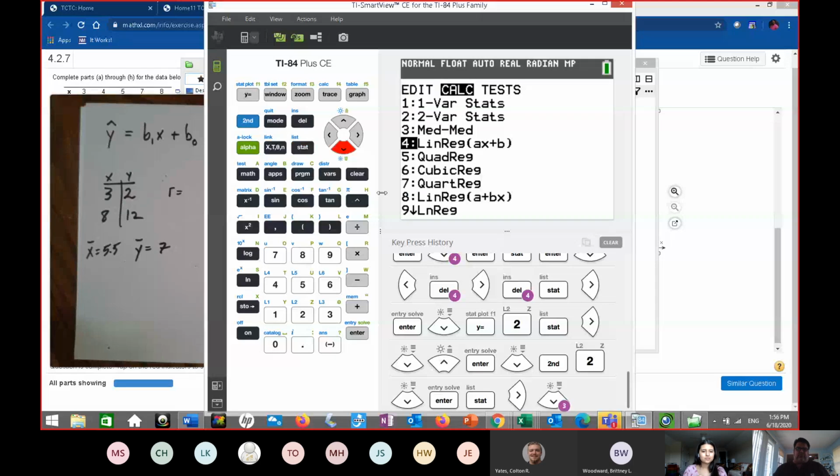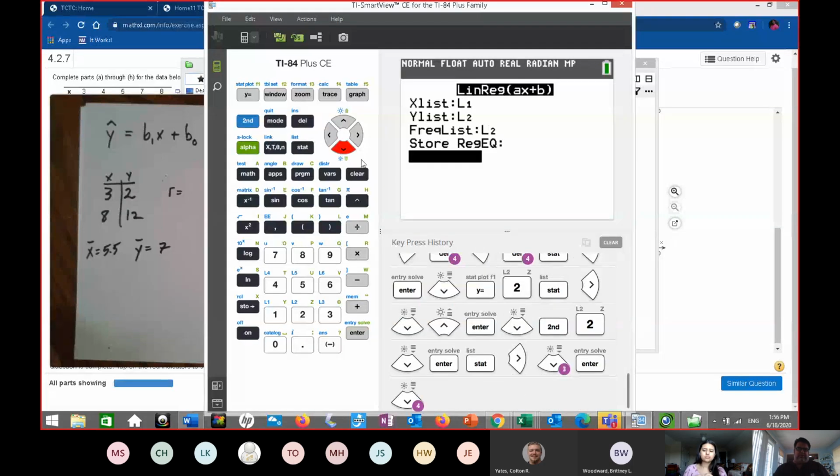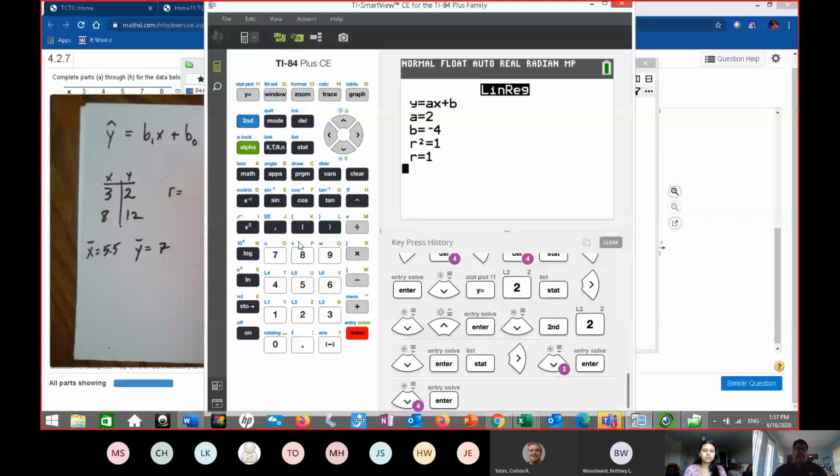Linear regression, L1, L2, calculate. See if it'll give us an R. There, R is equal to 1, which I kind of figured it was because it's a straight line. All right, everybody with me?